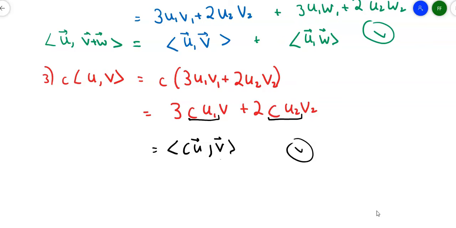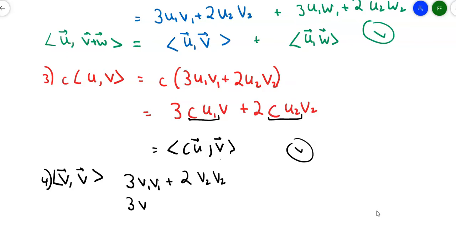And then the fourth thing I have to show is that the inner product of the vector and the vector gives me something that's greater than 0. So what happens if I take the inner product of the vector and the vector? Well, I end up with 3 v1 v1 plus 2 v2 v2.